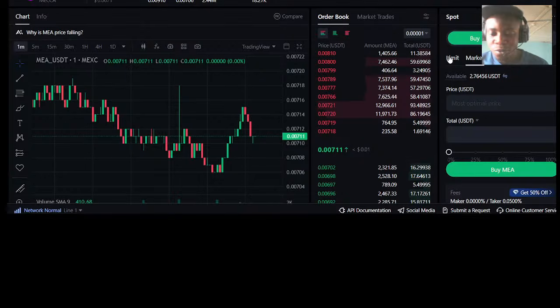For Solana, that's the best you can get. Like MEA considers users when they want to choose the blockchain they want to list on.